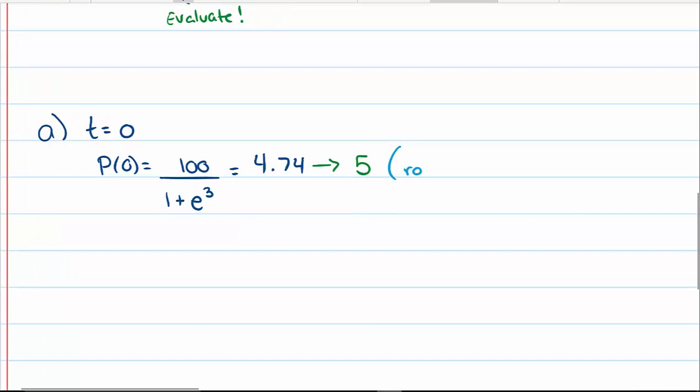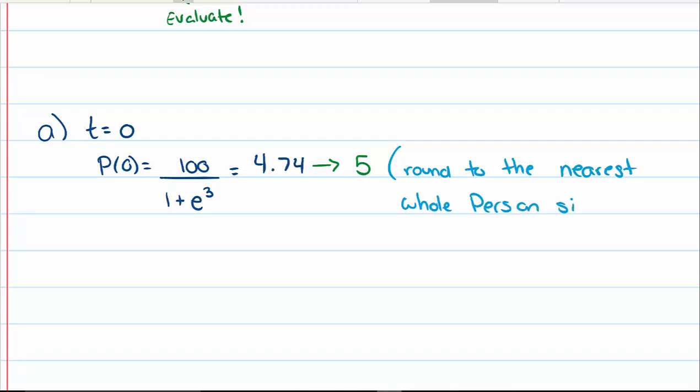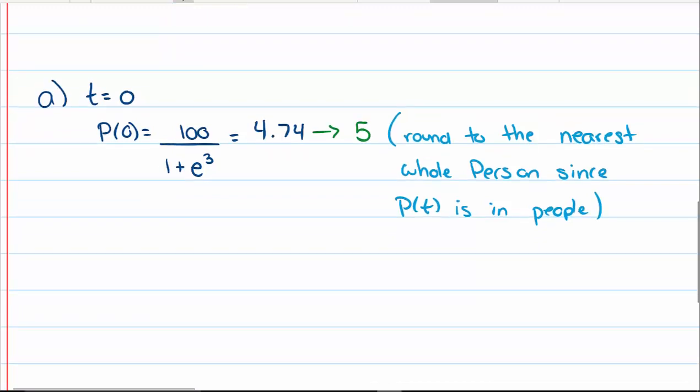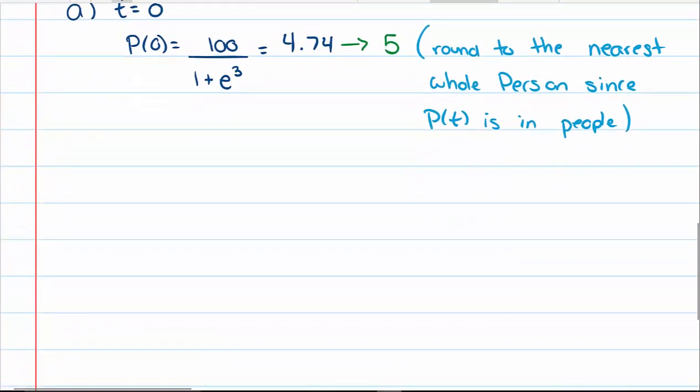We need to round to the nearest whole person, since P of T is in the units of people. So we need to start using our common sense and thinking, what can the answer actually look like?